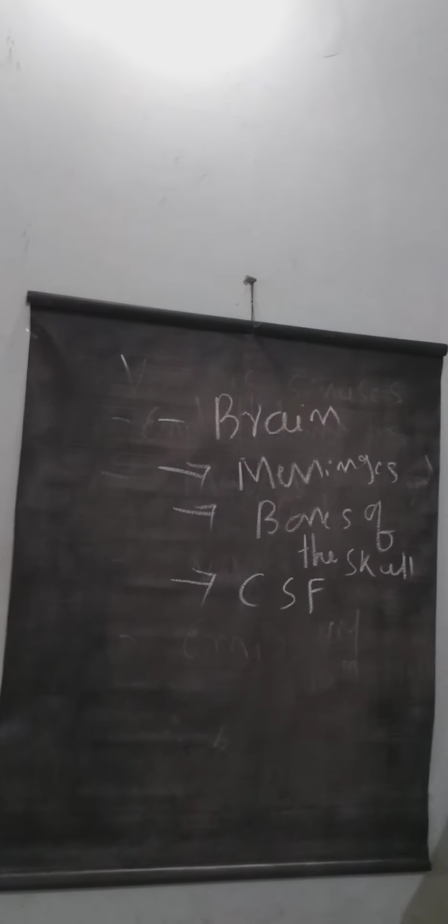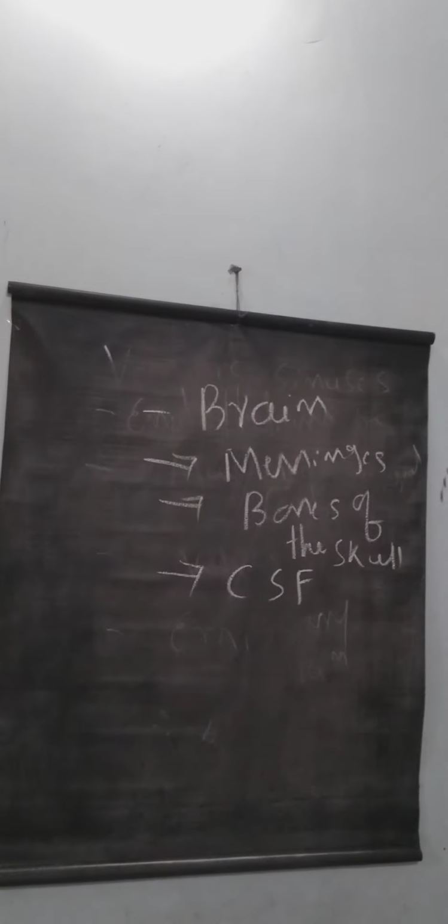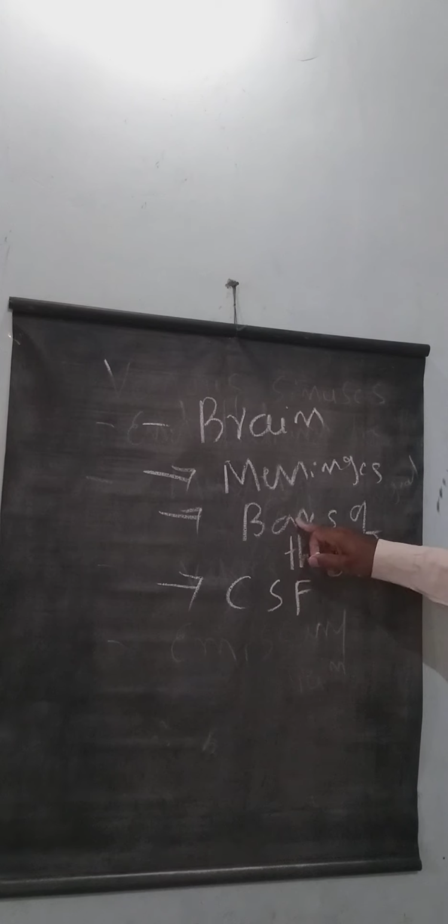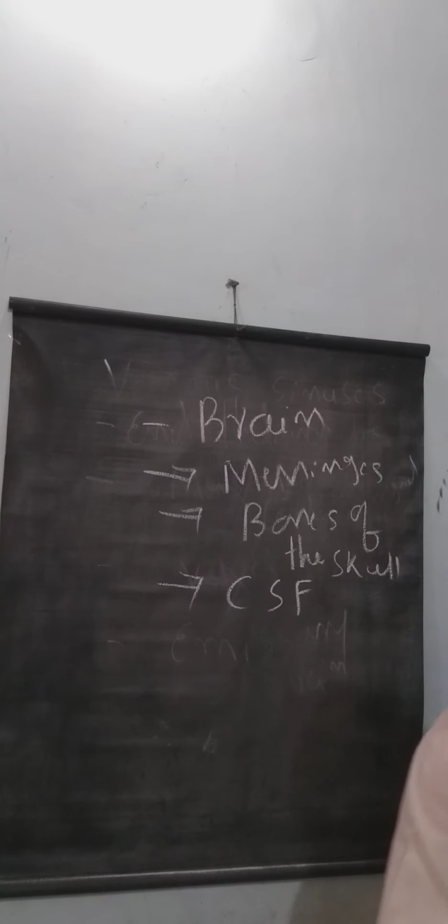These venous sinuses drain the venous blood from the brain, from the meninges, from the bones of the skull and the CSF.